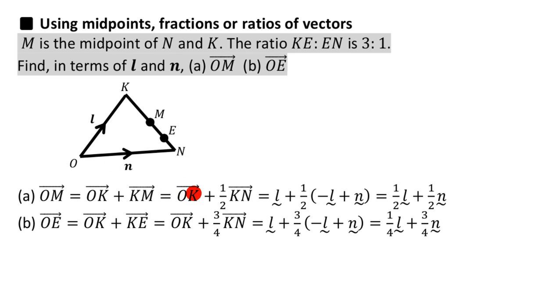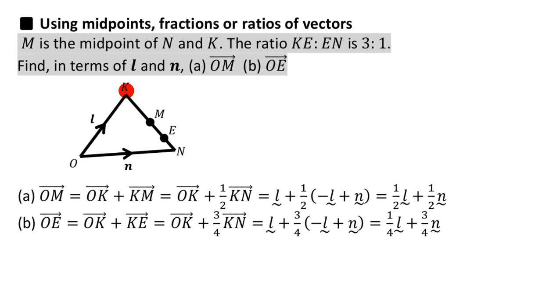So O to K is simply L. From there to there, it follows the vector L in the same direction as L, like the arrow shows. So it's just plain old L. And K to M, which it says is half of K to N. Well, K to N is minus L plus N: the opposite direction of vector L and the same direction as vector N. To get from K to N, I had to follow the vectors round, like I said in the previous video.